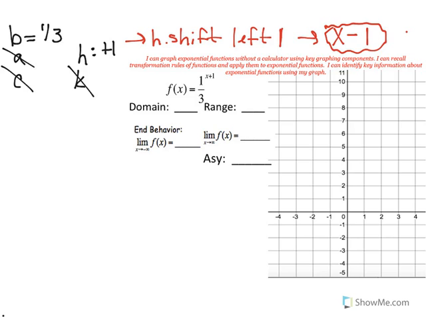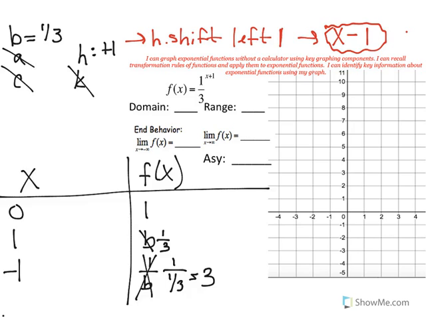Pause this video, write out your big 3 coordinate points, use your base of 1/3, and then every x value you need to subtract 1. Pause the video now, see what you can come up with. Okay, so when we write out our big 3 points, we'll end up with 0, 1, 1, the base, which is 1/3, and then -1, 1 divided by your base.